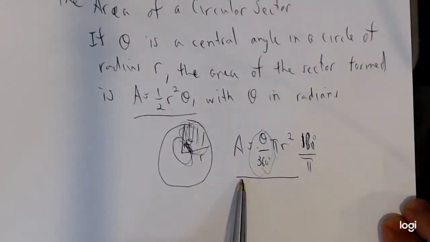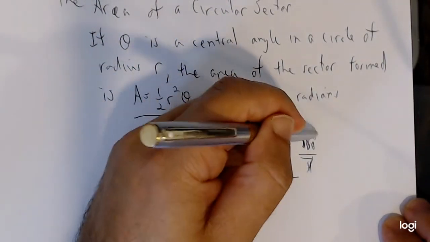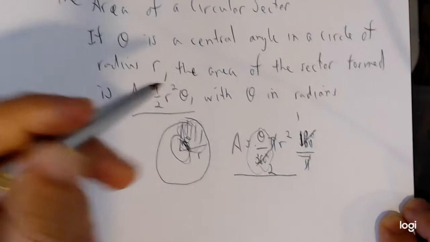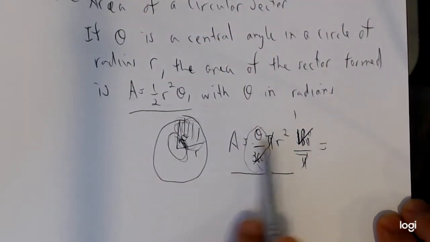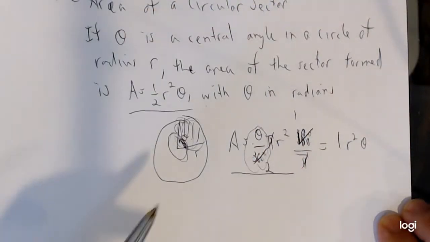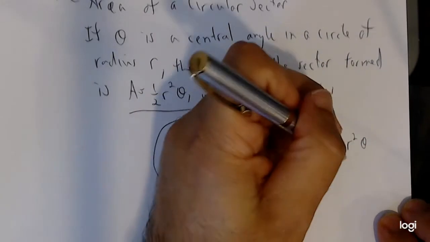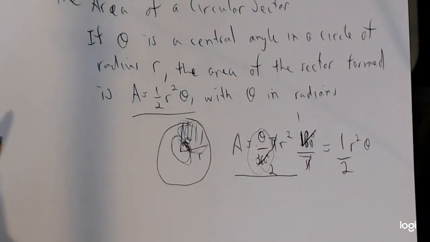Look at what happens now. The pi's cancel out, the 360 and the 180 cancel out, that becomes a 1, that becomes a 2, and we're left with 1 r squared theta over 2, which is literally that equation. Just keep that in mind.